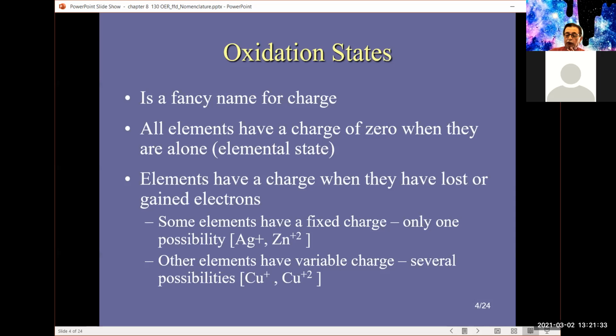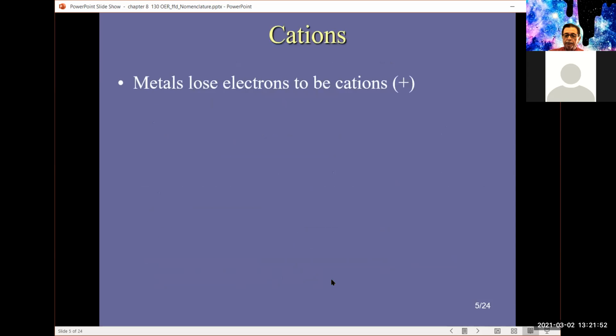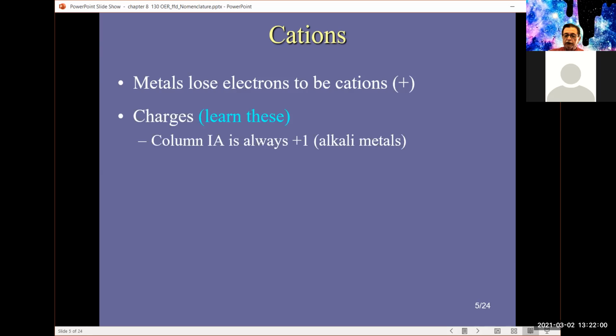Okay. Everything else, all the other metals, have a variable charge. And there could be several possibilities. It can go all the way from a +1 to a +9. I list here a couple of possible examples: copper 1, and copper 2. Okay. Now, cations, we know this. They're simply metals that lost electrons to become cations.